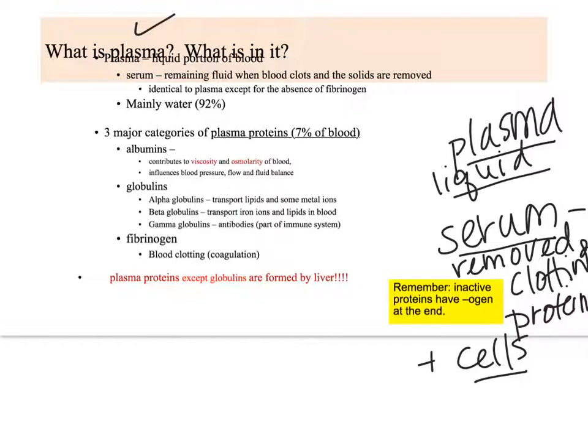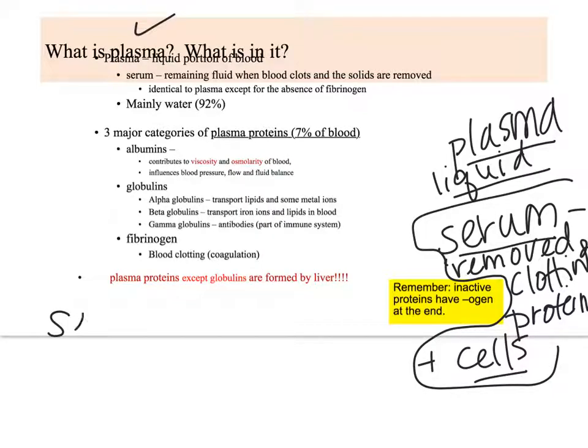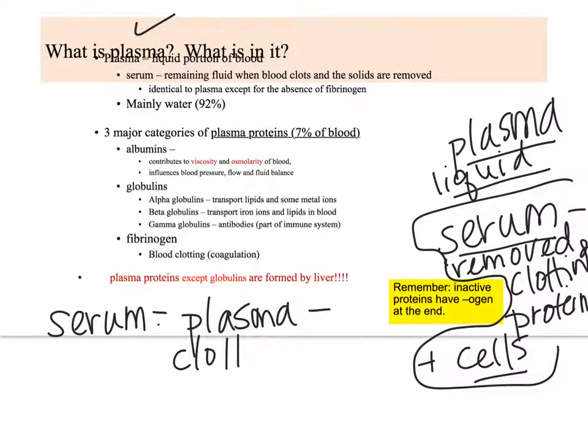So serum's a little bit different. It's just plasma without the clotting proteins. So maybe I should write that here: serum equals plasma minus clotting proteins.